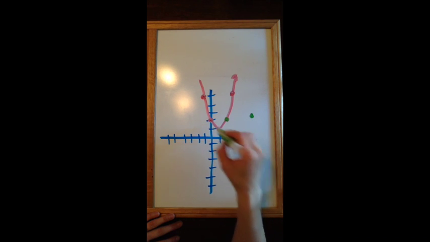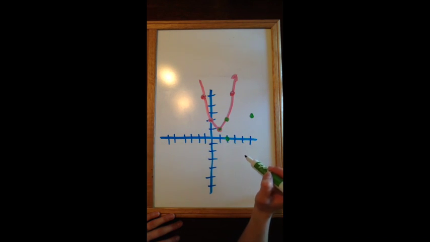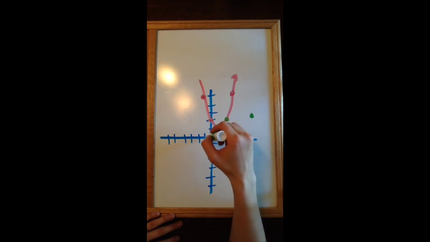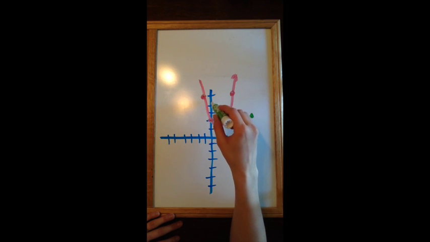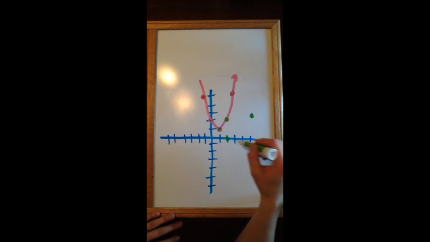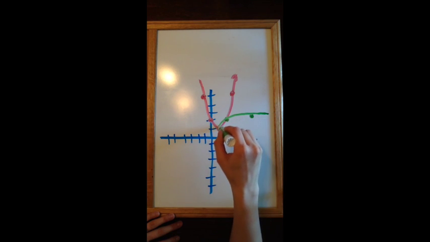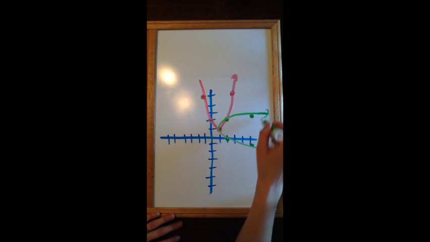If I have (0, 2), I would have (2, 0). And if I have (-1, 5), I would have (5, -1). So I'd end up with this picture that looks like that.